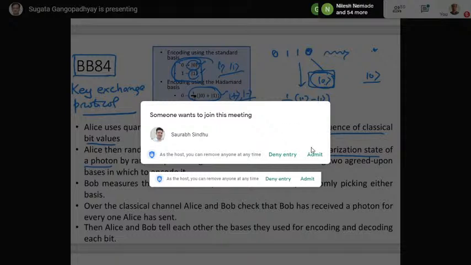When they exchange the bases, then they automatically know that this is the place where they made the correct choice, by chance though. So that means the second bit is 1 for both of them.